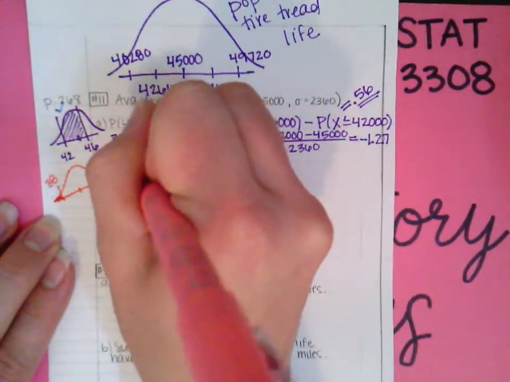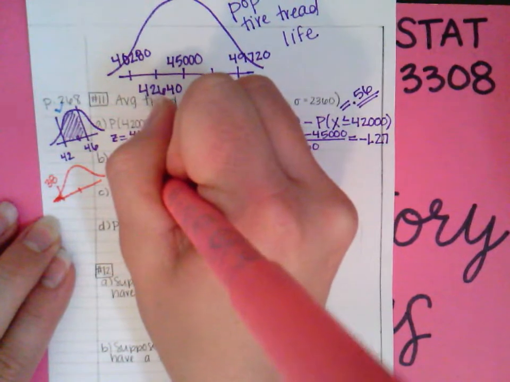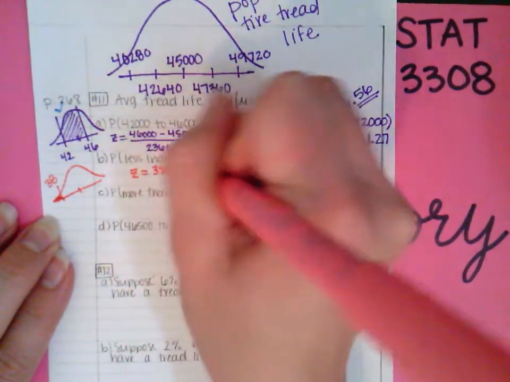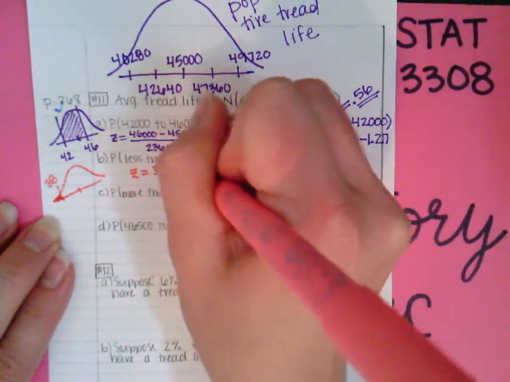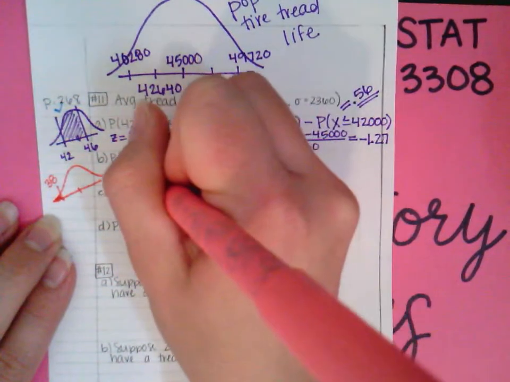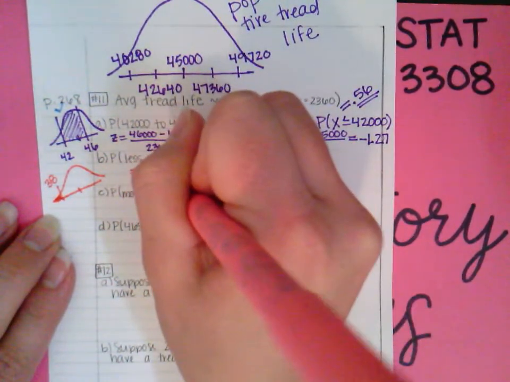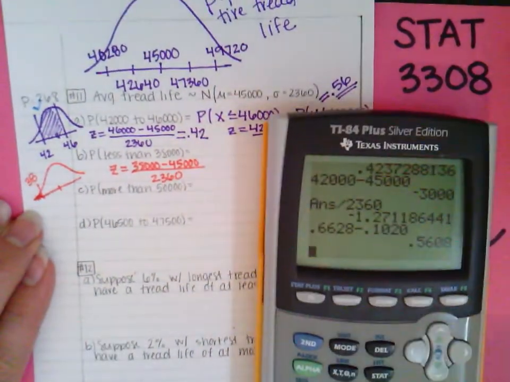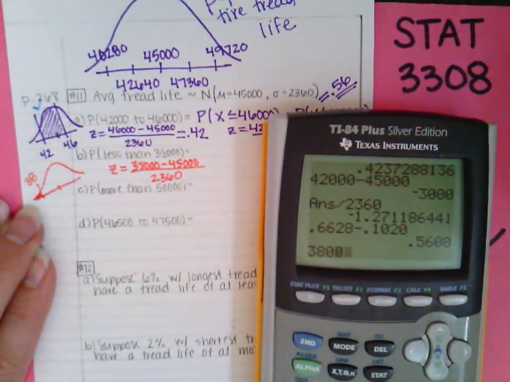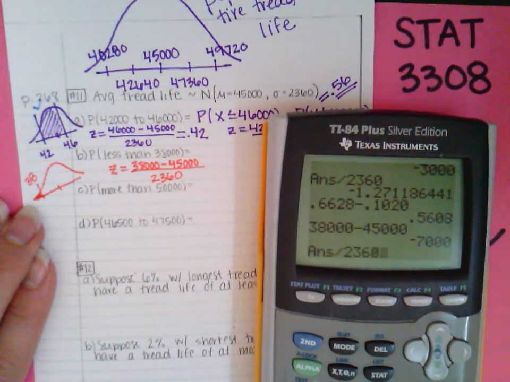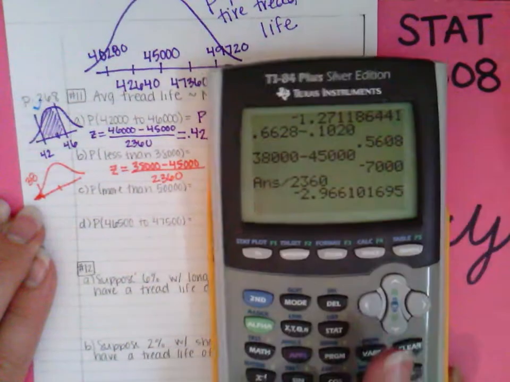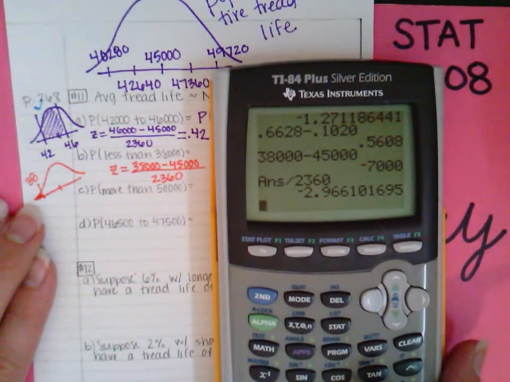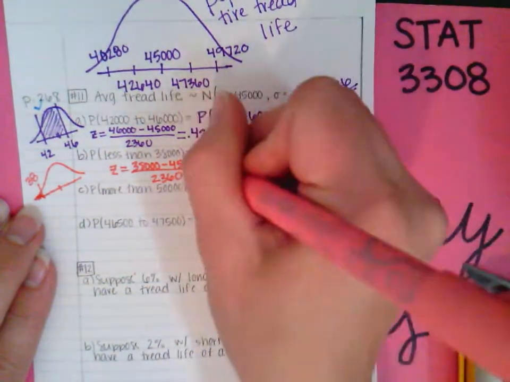So z is equal to 38,000 minus 45,000, all over 2360. So 38,000 minus 45,000 divided by 2360 gives me negative 2.97 if I round.